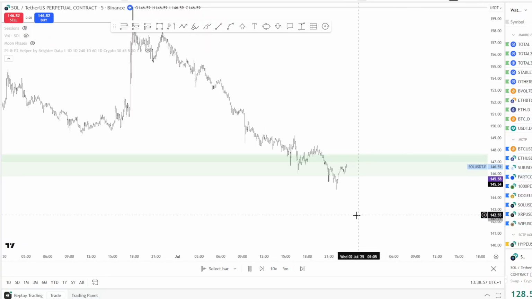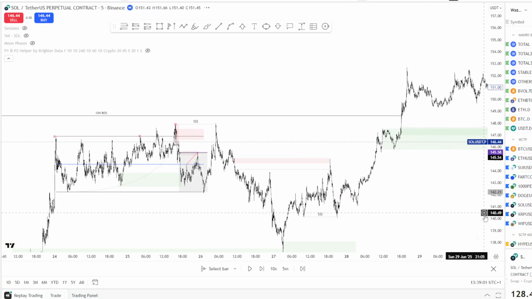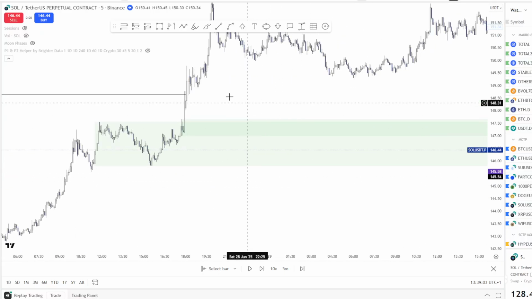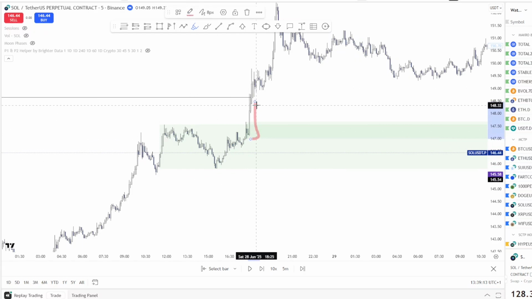Oh, we're going even more down. Okay. So as I said, if we don't reject from the upper part, we will take this liquidity, just because as you can see, this is a nice structured move up, and this was a slow grind with a move up.